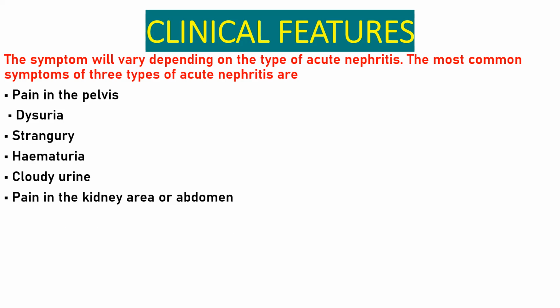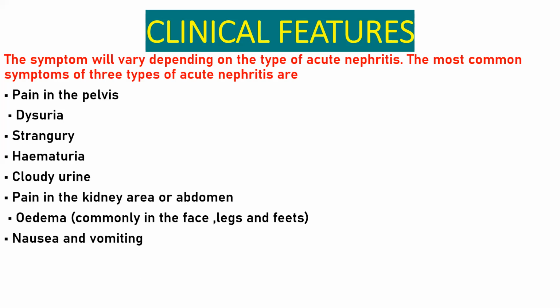And then edema. You know that edema is the accumulation of fluid in our body. This kind of edema we mainly see in our face, in our legs, in our feet. These features we also see in a person who suffers from acute nephritic syndrome.